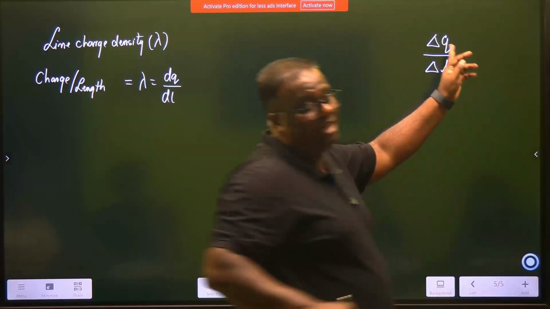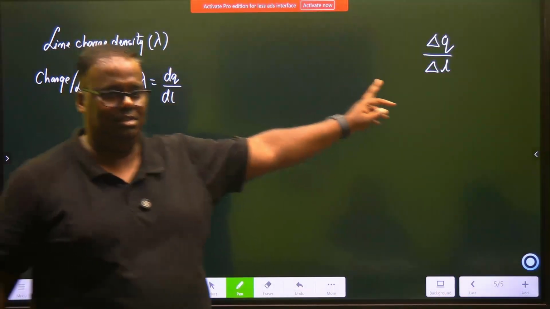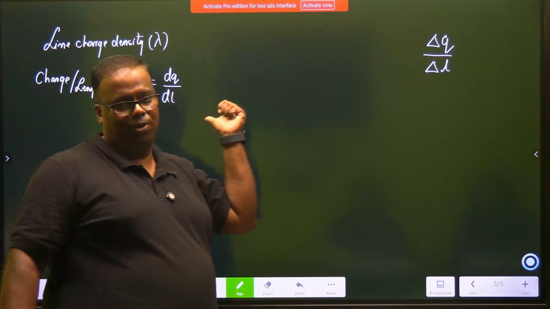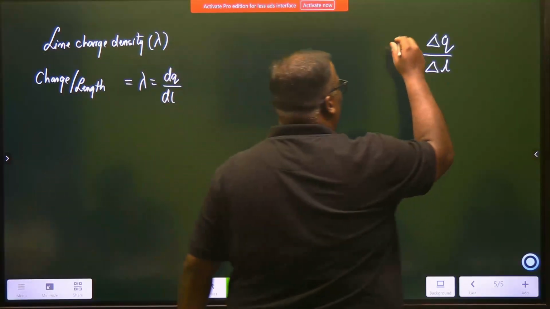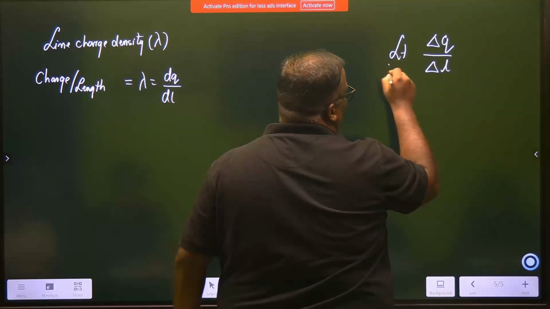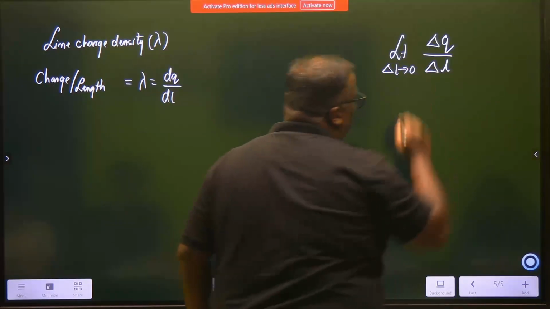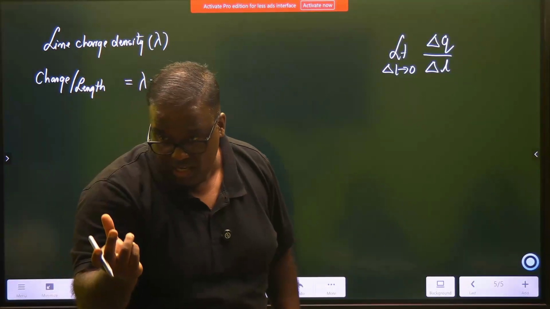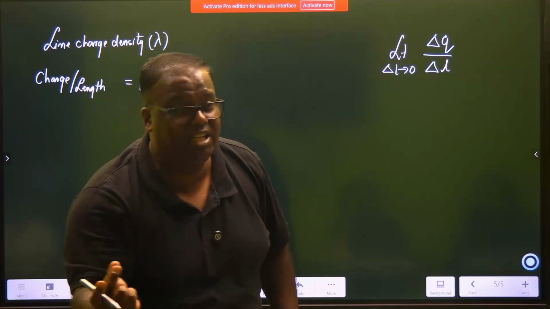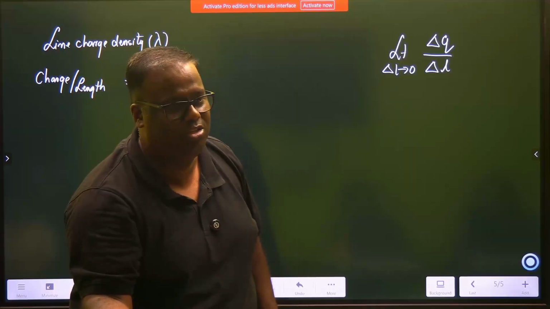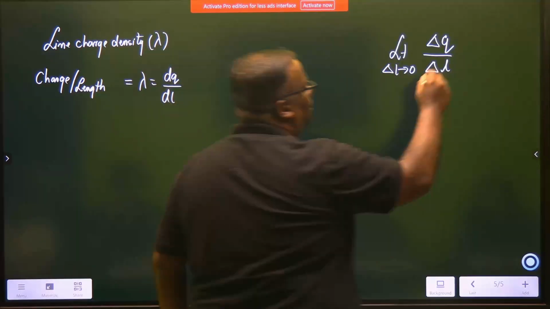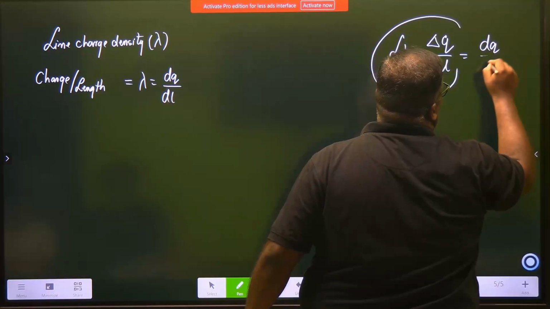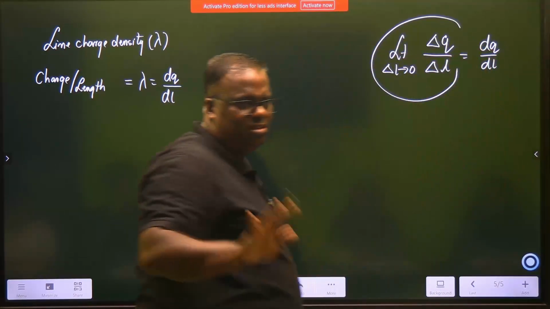This is called delta Q over delta L. This is called delta or dq, a smaller quantity. If we put a limit where delta L tends to 0, meaning a length even smaller than you could conceptualize, approximately approaching 0, then this whole quantity is expressed as dq by dl. So it is extremely small.